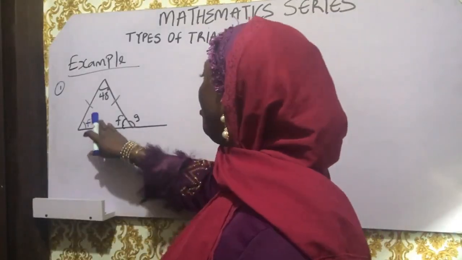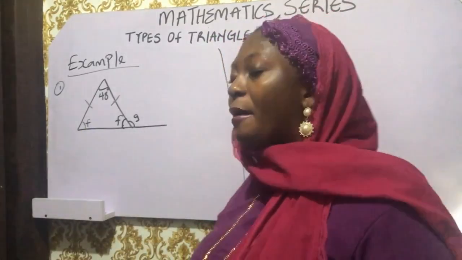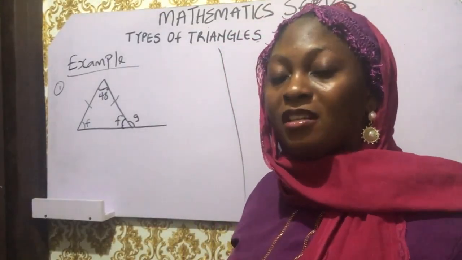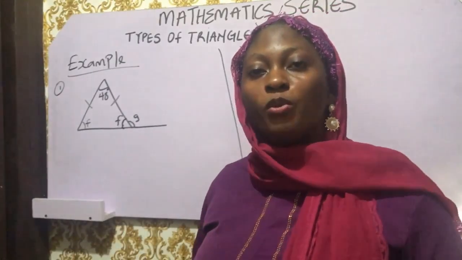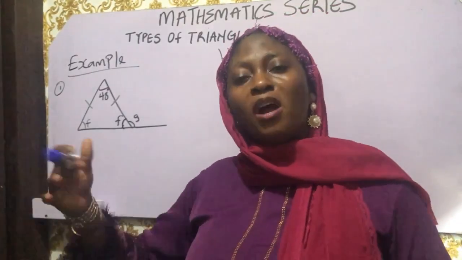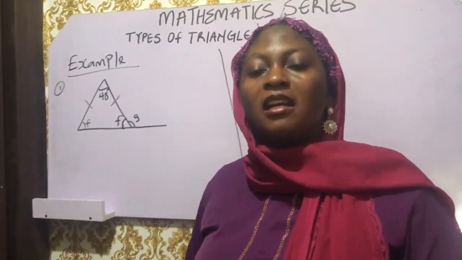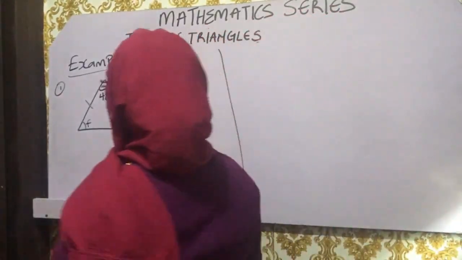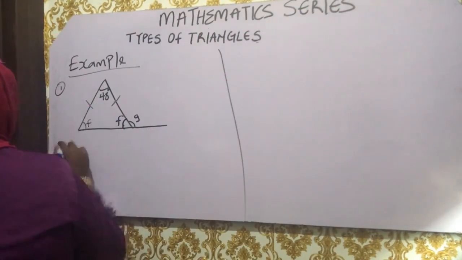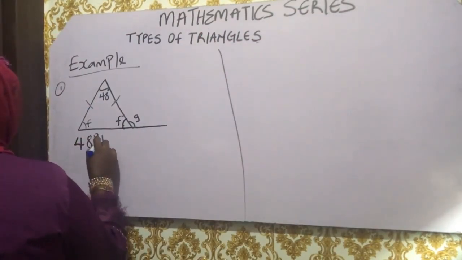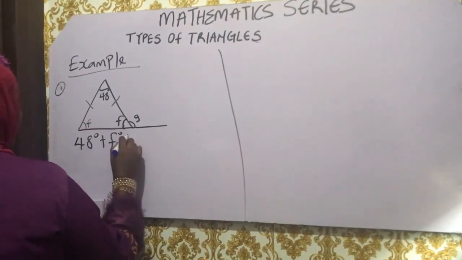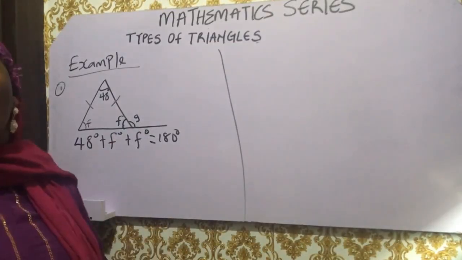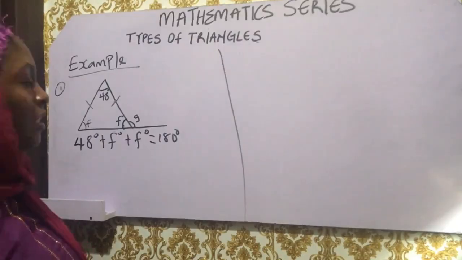So in order to find angle F, remember that we have learned in this class that an isosceles triangle is a triangle with two equal angles and two equal sides. We have also learned in the previous class that the sum of angles in a triangle is 180 degrees. So that means 48 degrees plus angle F plus angle F is equal to 180 degrees, because the sum of angles in a triangle is 180 degrees.